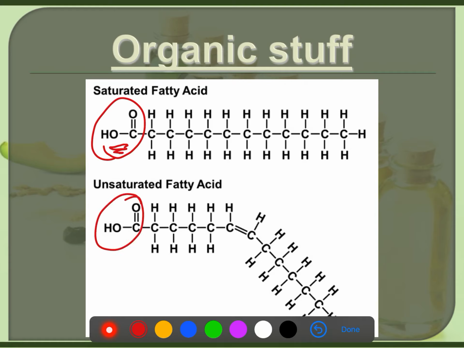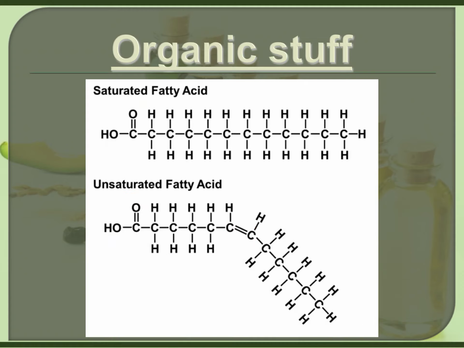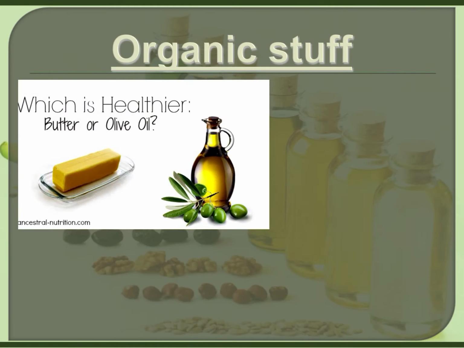Whereas in an unsaturated fat, depending upon how many of these functional groups you have, now you have multiple locations where reactions can occur and the fats can break down. So unsaturated fats tend to be healthier for you than saturated fats. Now, saturated fats tend to have an animal source to them. Unsaturated fats tend to be plant sources, but there are some plant sources that have fats in them that are saturated.